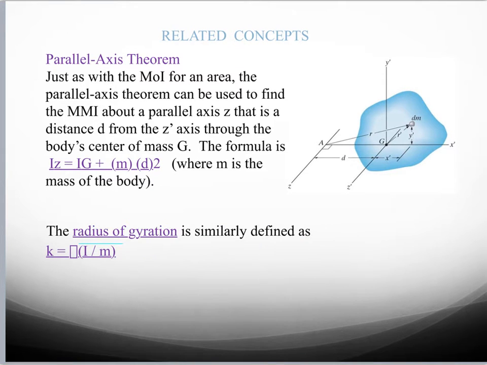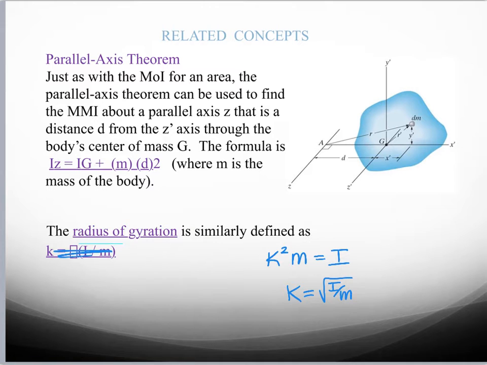We also have the radius of gyration, and this again is going to be really similar to the definition that we saw before. The way that works is the radius of gyration squared times the mass is equal to the moment of inertia. So if we rearrange this, we can find the radius of gyration.